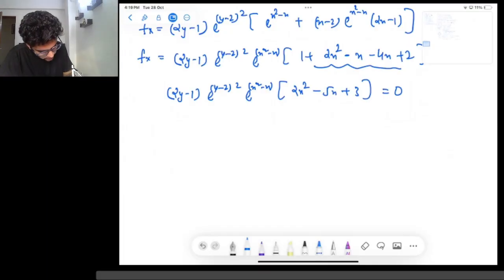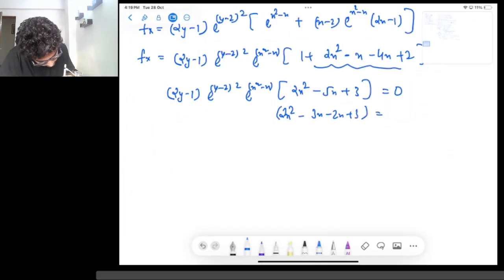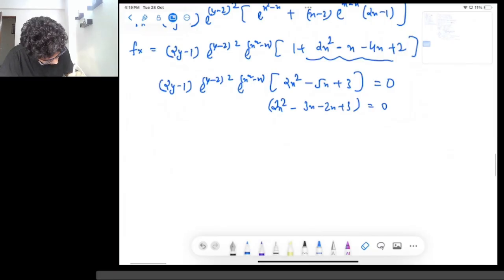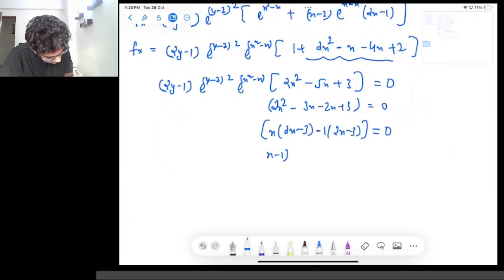So I'll write 2x² - 3x - 2x + 3 equal to 0. Taking x common from the first two terms, this gives x(2x - 3) minus 1(2x - 3), which is equal to 0. So this gives me (x - 1)(2x - 3) equal to 0.